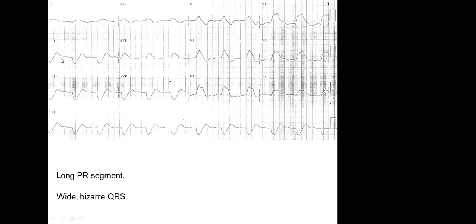If we have undiagnosed potassium beyond 6.5, then we are going to see these pictures of prolonged PR interval followed by wide and bizarre QRS complexes.